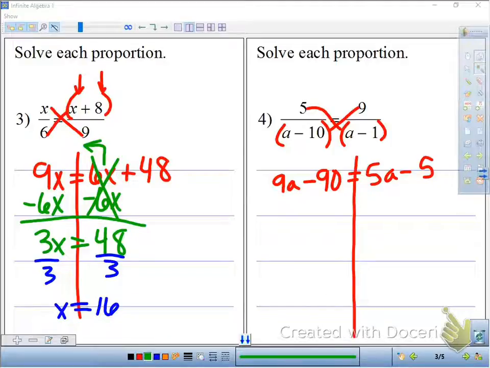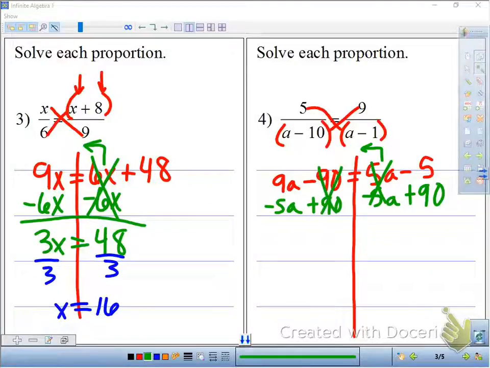From here, I need to organize. I need to get my a's on one side, numbers on the other. So I'm going to move my 5a to the left, so I subtract 5a on both sides. And that's going to zero out. That's a negative 90, so I'm going to add 90 to both sides. This is going to zero out. Add these up. 9a minus 5a is 4a.